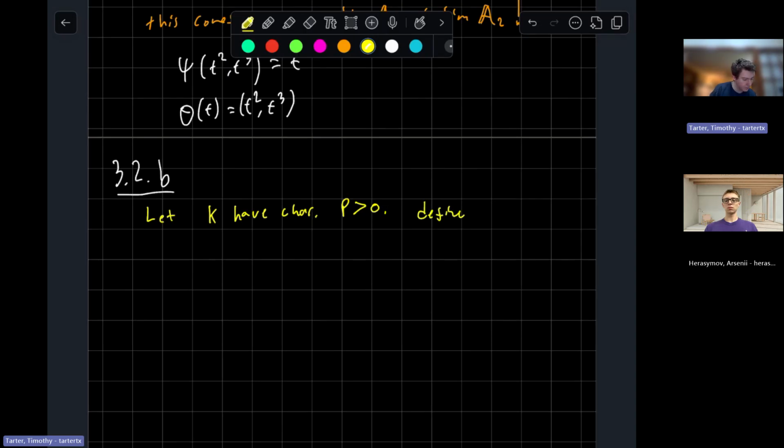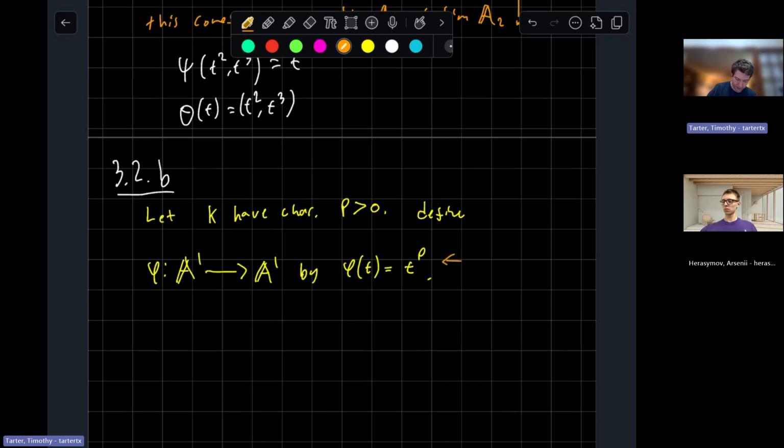Define phi from A^1 to A^1 by phi of t is equal to t to the p.